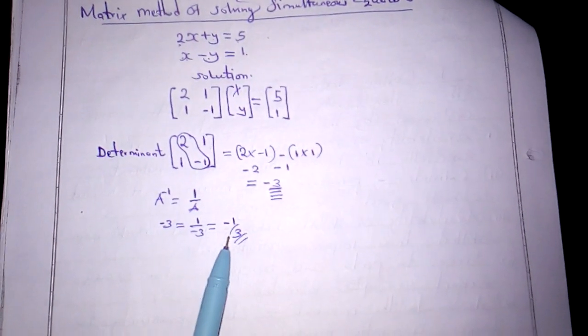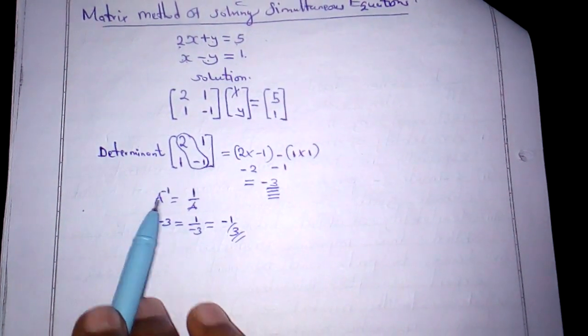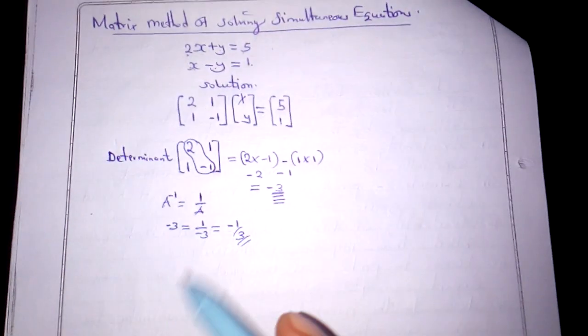Now, you have to know that when you take the inverse multiplied by the original matrix, it gives the identity.